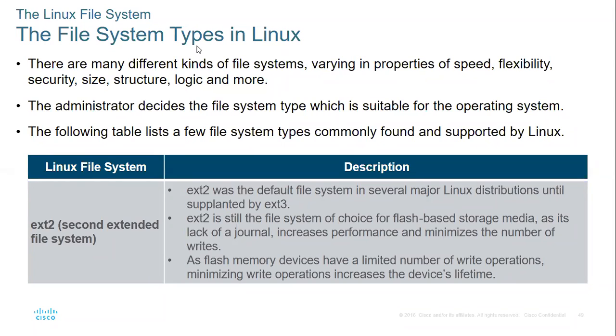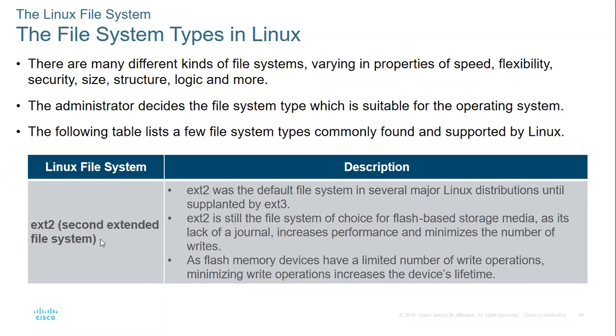They differ in terms of speed, how fast is the file system, how flexible, how secure, the size, structure, and so on. So you find that Linux supports the following file systems.